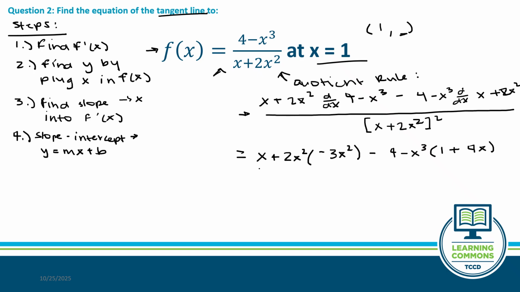I do apologize for this handwriting. I do not know how to make this any better. All over x plus 2x squared, squared.